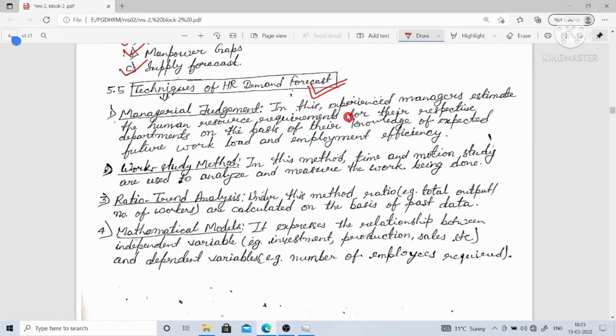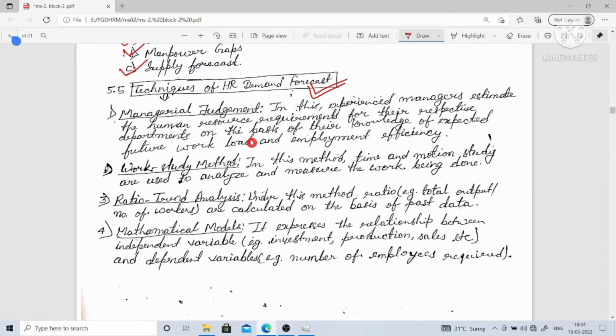In this, experienced managers estimate the human resource requirements for their respective departments on the basis of their knowledge of expected future workload and employment efficiency. So here experienced managers use their knowledge to find out how many workers or employees are going to be required in the future, or whether the workload is going to increase or decrease, and what the efficiency of employment will be.